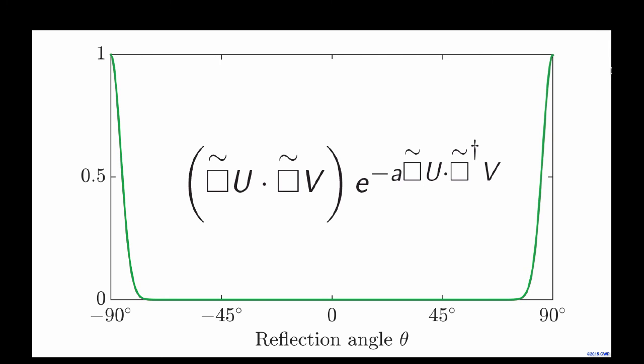And therefore, in the end, we obtain this function with respect to reflection angles. You can see here that we achieved our goal to have a narrow range of angles near 9 degrees, which corresponds to the terms that we want to emphasize in the tomographic part of the full waveform inversion.